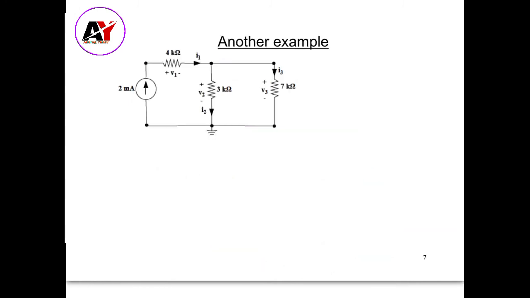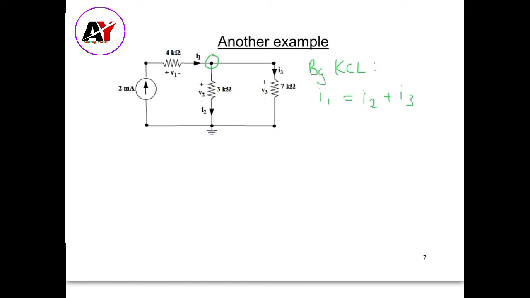Here's another example in which we'll use Kirchhoff's current law and Kirchhoff's voltage law. Let's start off by writing Kirchhoff's current law at this node over here. By Kirchhoff's current law, we've got I1 flowing into the node, and that is equal to I2 plus I3, which are flowing out of the node.